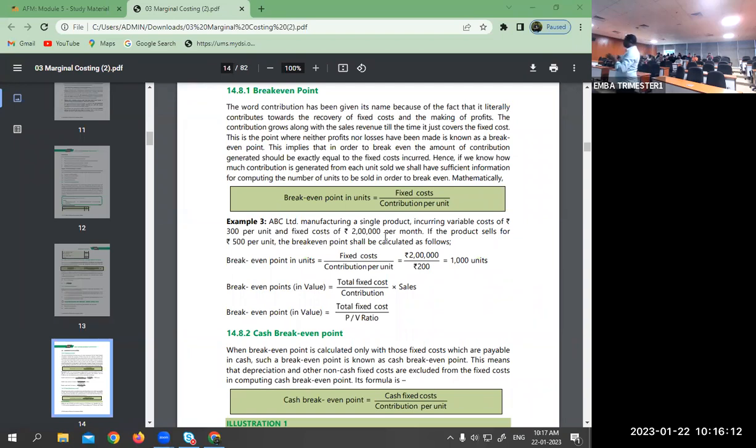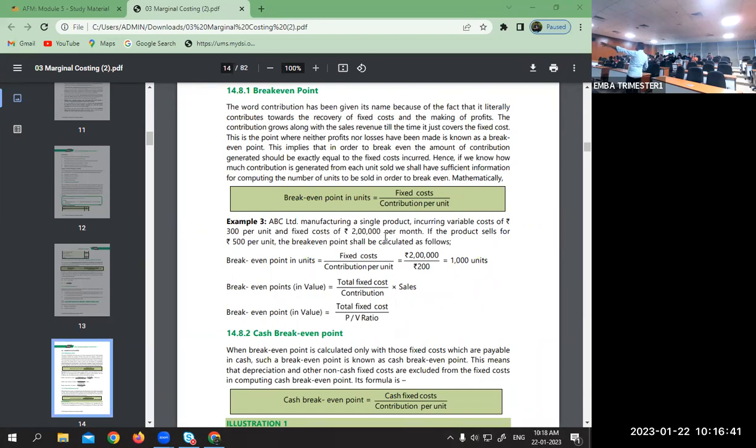Okay. Next one. In value, if you want to find out the break-even point in value, two things you can do. One is by applying the first formula, you will get the number of units. Multiply by selling price per unit. If you do so, you will get the total sales value which you have to achieve, which you have to reach to make your company break even.